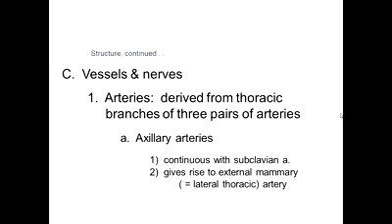So, the nerve supply and blood supply of the breast. Arteries are derived from the thoracic branches of the three pairs of arteries. The axillary artery continues with the subclavian and gives rise to the external mammary or lateral thoracic artery.